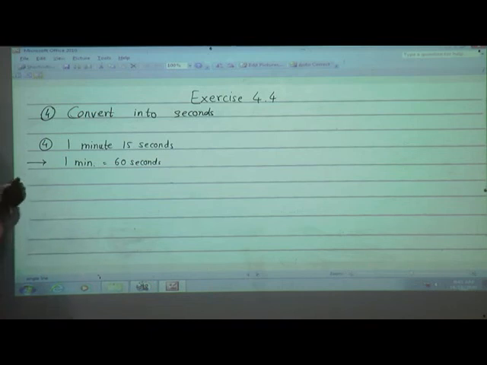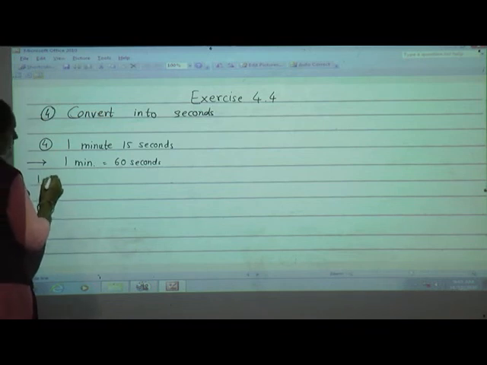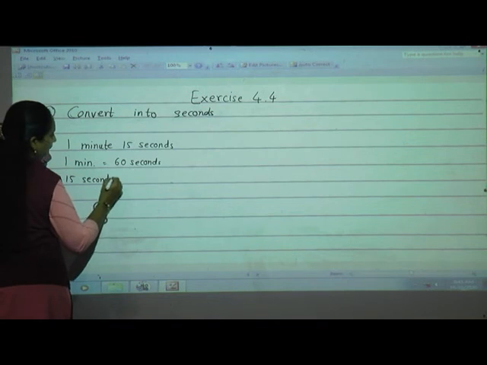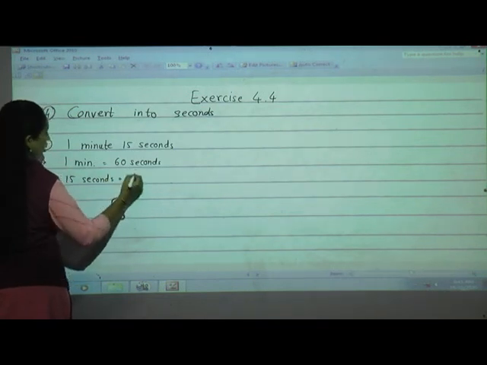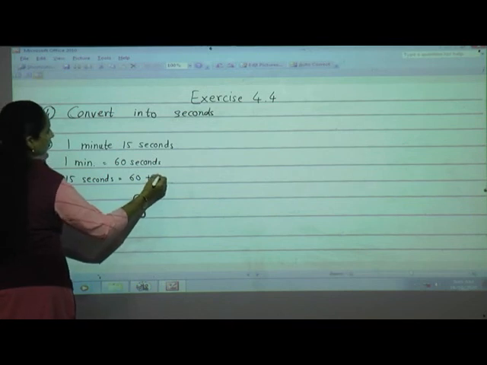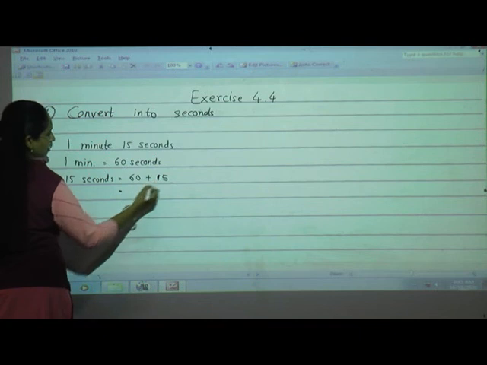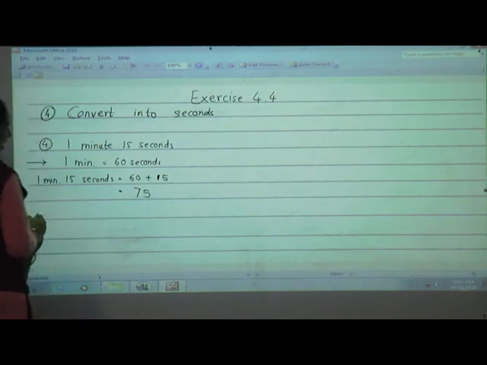Just here what we have to do, 1 minute 15 seconds. So seconds we have to add into the second. So 1 minute is equals to 60 seconds plus 15 seconds. 0 plus 5, 5, 6 plus 1 is 7. So answer is 75 seconds.